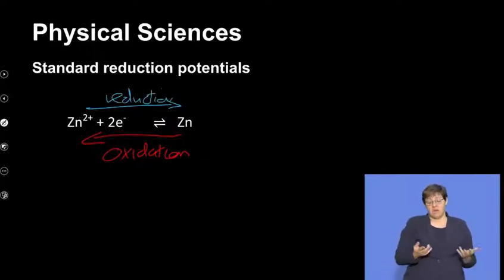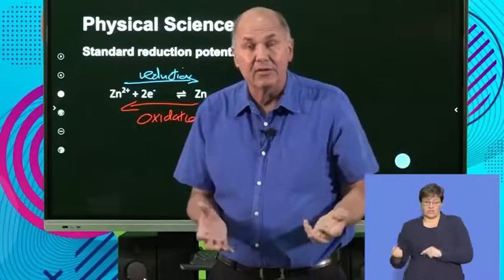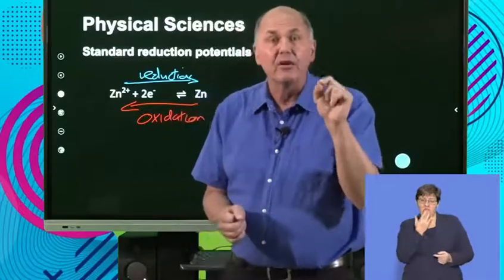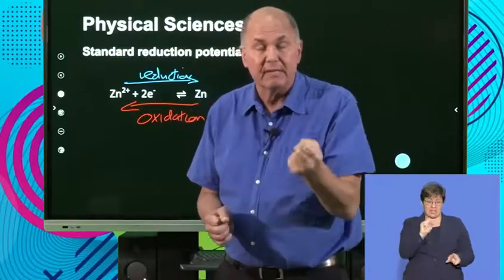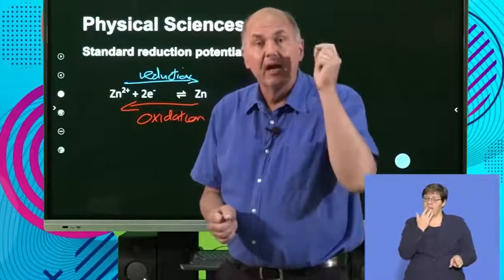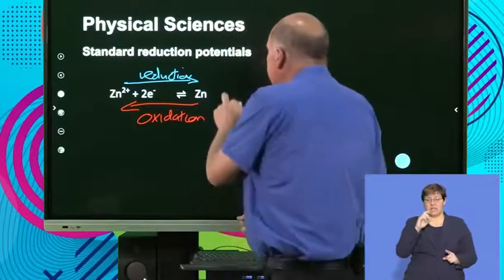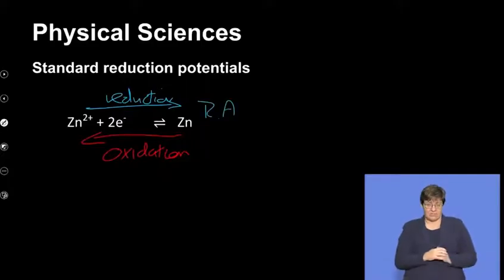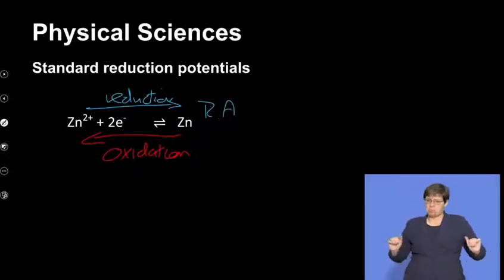So zinc can undergo both oxidation and reduction, but if you start with zinc as a metal, it prefers undergoing oxidation. So zinc is a reducing agent. In comparison to others, it's a fairly good reducing agent.